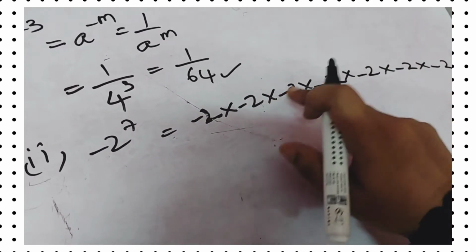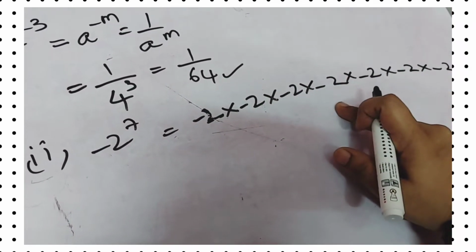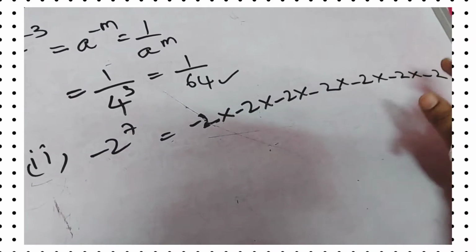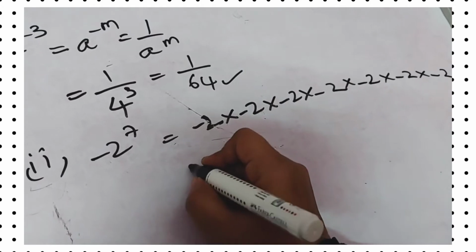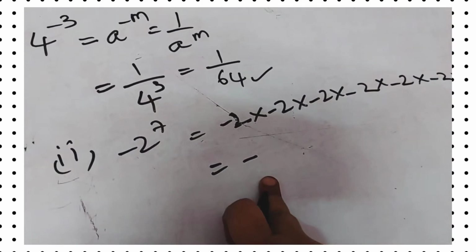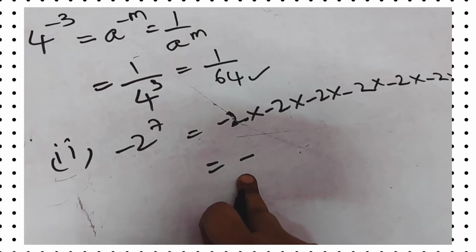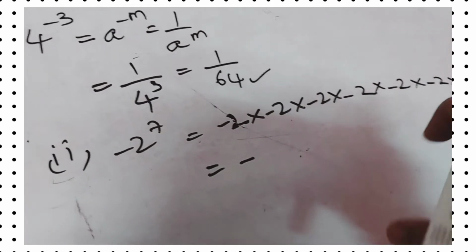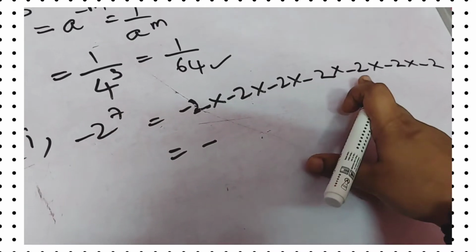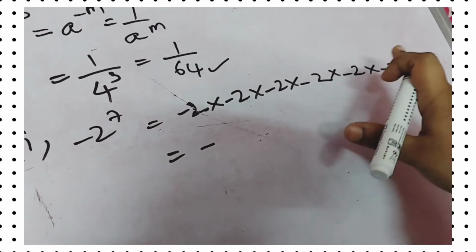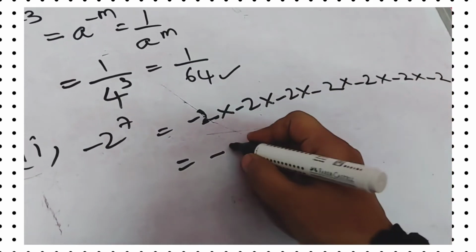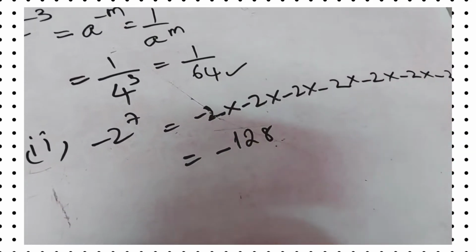Minus into minus is plus, plus into minus is minus, minus into minus is plus, plus into minus is minus, minus into minus is plus, again plus into minus is minus. So here the answer is minus. So first we will multiply all the symbols. Then 2 2s are 4, 4 2s are 8, 8 2s are 16, 16 2s are 32, 32 2s are 64, then 64 2s are 128. So the answer is here minus 128.